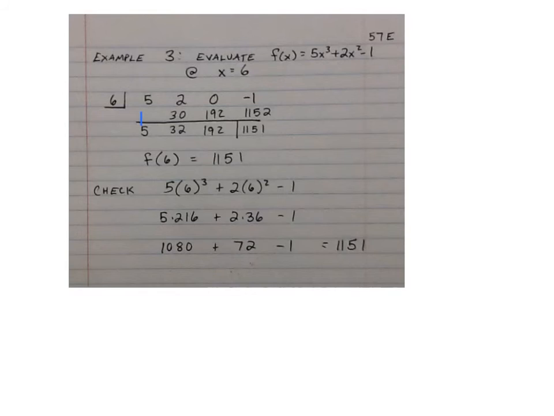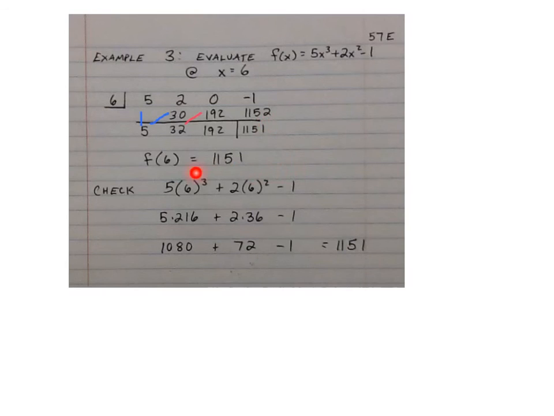Bring the 5 down. 5 times 6 is 30. 30 plus 2 is 32. 32 times 6 is 192. 0 plus 192 is 192. 192 times 6 is 1152. And negative 1 plus that is 1151. So that means if we were to plug 6 in to this function, we would get 1151 as an answer. It happens to be our remainder.